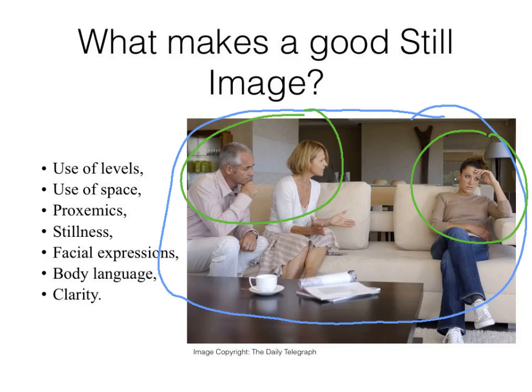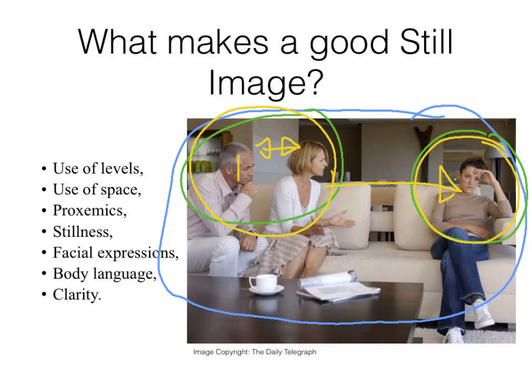So the key bit here is the fact that these two characters here are so close, but yet there is a big distance between the two characters and the third character. That might suggest that these two here are together in some way, perhaps ganging up or telling off this girl over here.